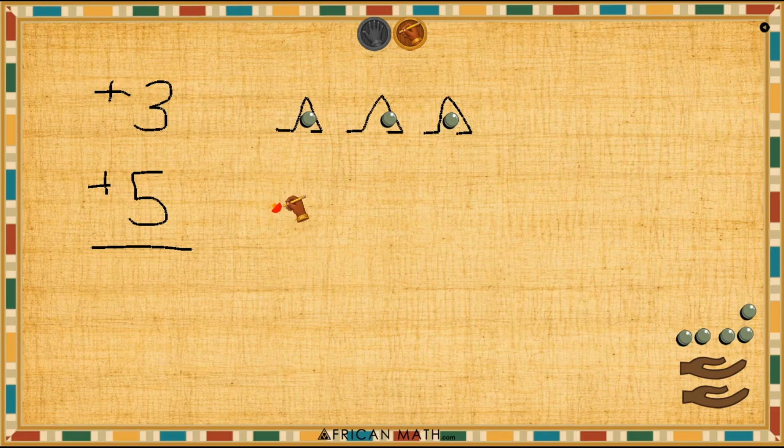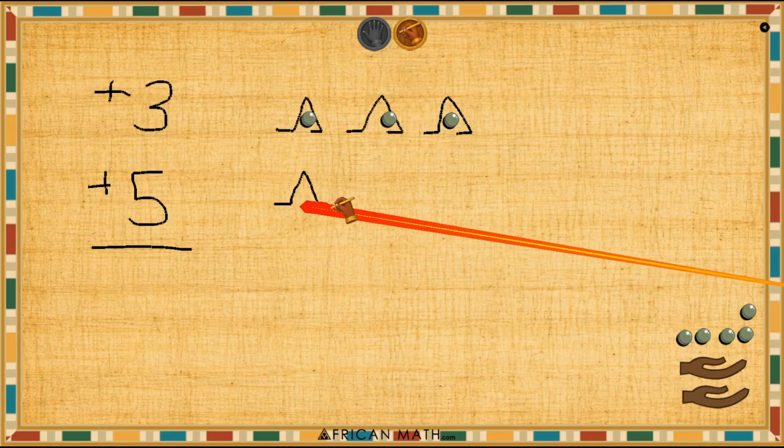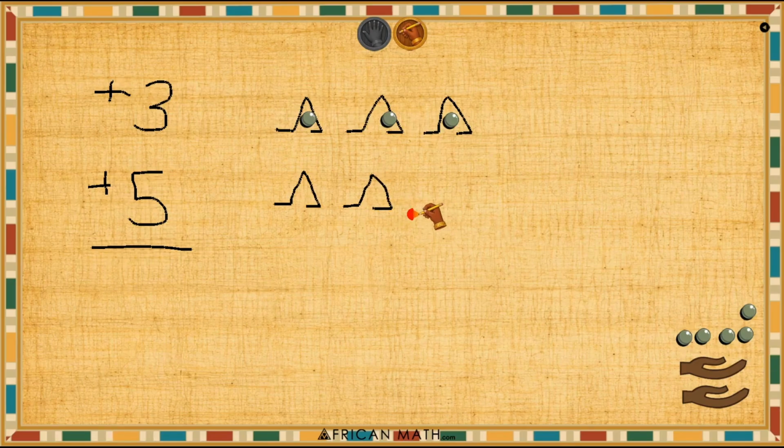We're going to draw our 1, 2, 3, 4, 5. And now we have 5 place symbols, telling us we've placed 1, 2, 3 toys on our play space.